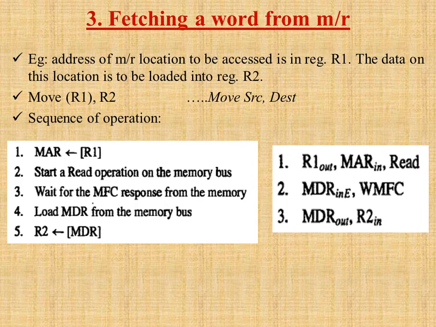We will understand this in the next slide. WMFC stands for wait for memory function to complete. In the third step, after the completion of the read memory function, MDR out is activated and R2 in is activated. The same steps are shown with respect to a diagram in the next slide.